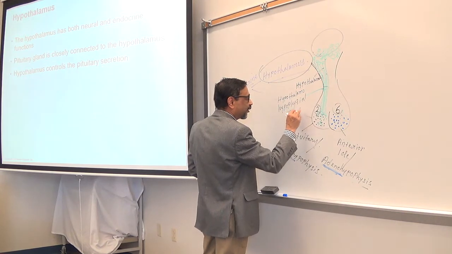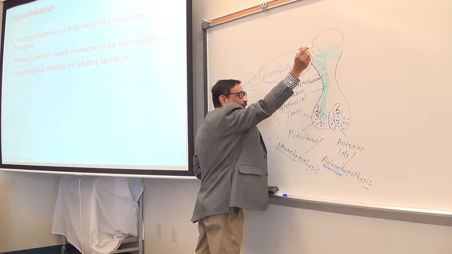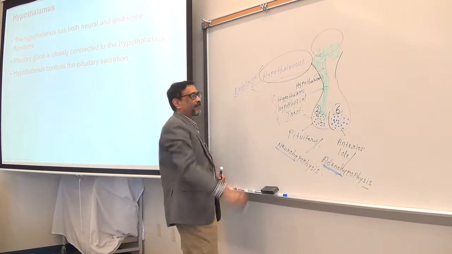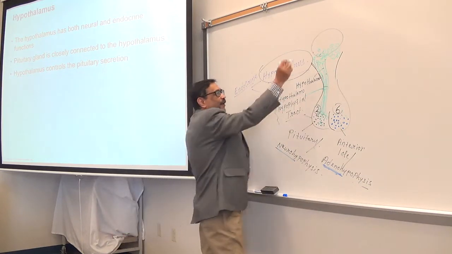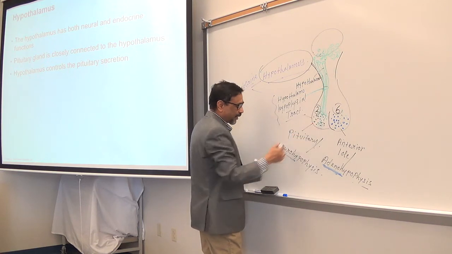The hypothalamo-hypophyseal tract is the bundle of axons, you know that. So that is how the hypothalamus talks to the posterior pituitary. What happens when the hypothalamus sends a signal to the posterior pituitary from the axon terminal?